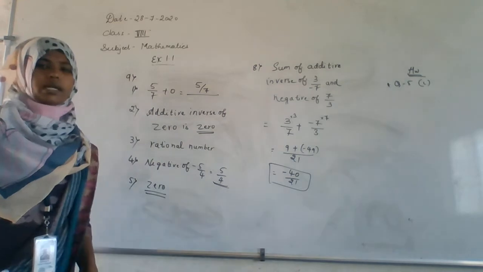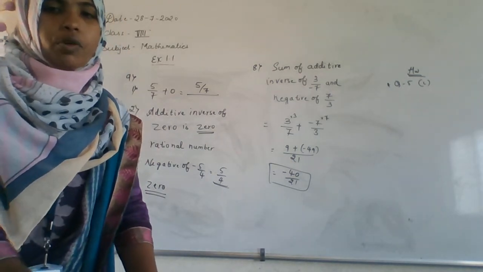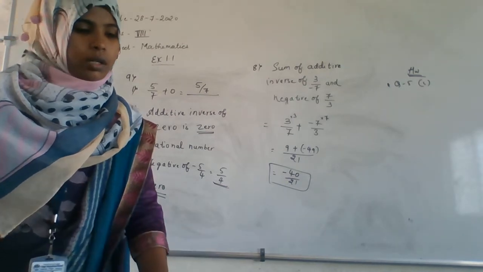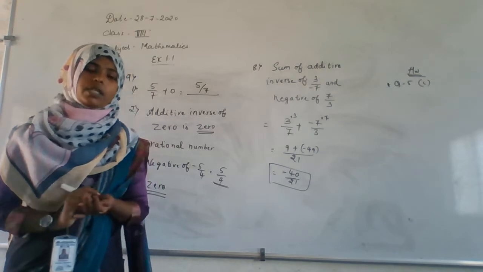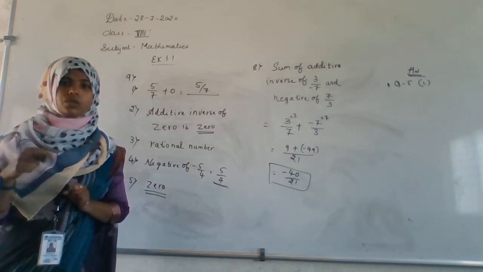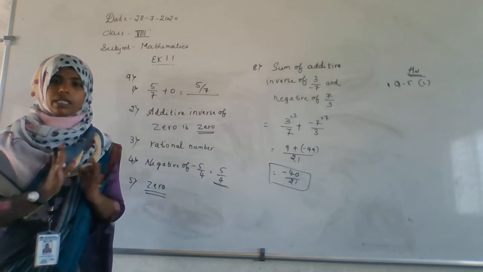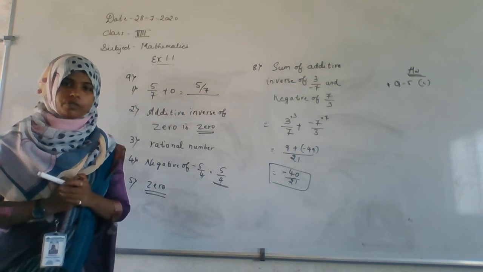Here this exercise 1.1 is completed, and next I am going to the properties of multiplication. In our previous classes you studied the properties of addition and subtraction, and today we are going to study the properties of multiplication, and one more, the properties of division.